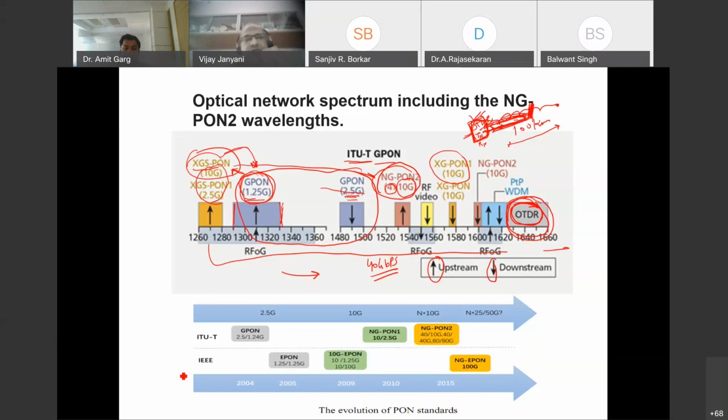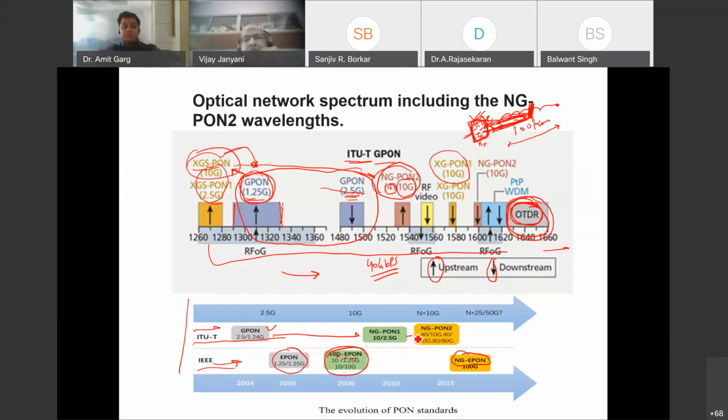On the bottom part of this, you can see that GPON is all ITU, and IEEE was EPON, and then it has a variation in GEPON, that is Gigabit Ethernet Passive Optical Network. NG-EPON is also coming up; IEEE is working on it separately. So this is the development that has taken place in GPON. Now XG-PON, which I mentioned earlier, that is 10 gig, is sometimes called NG-PON 1.